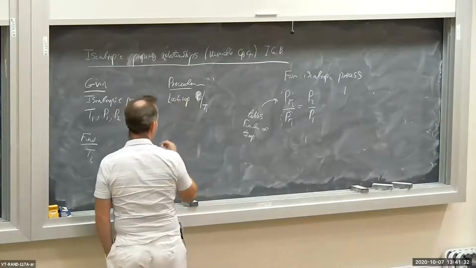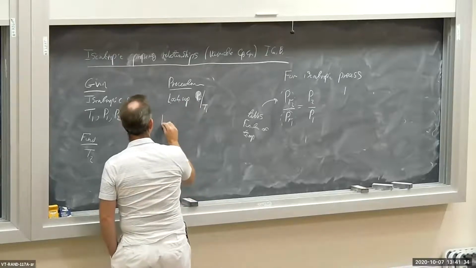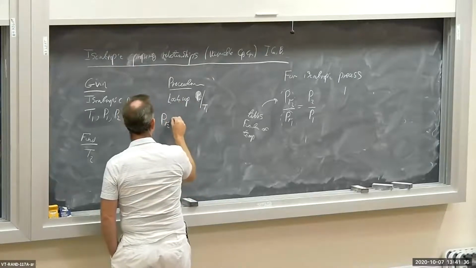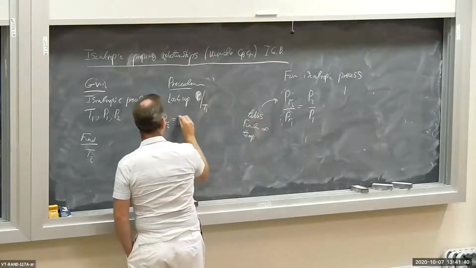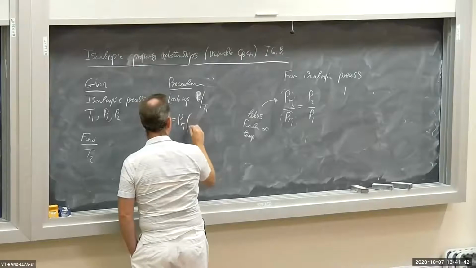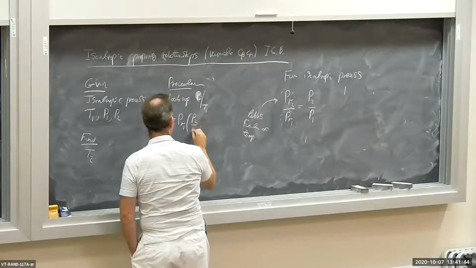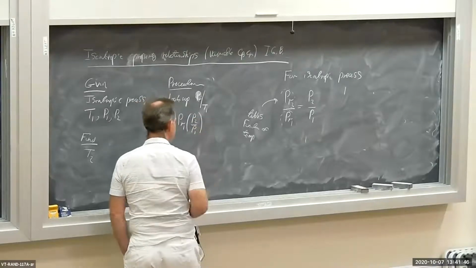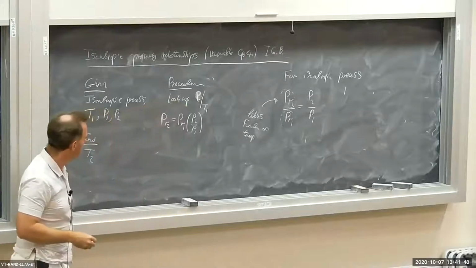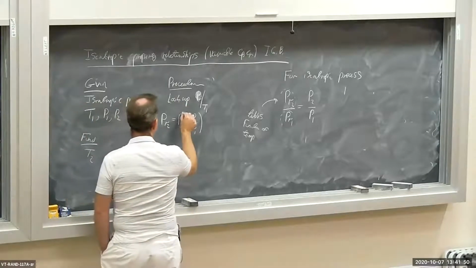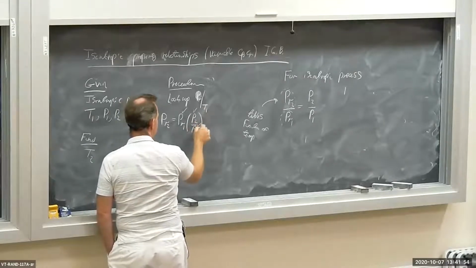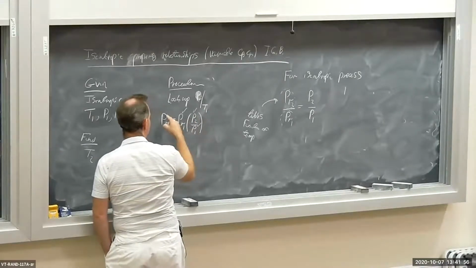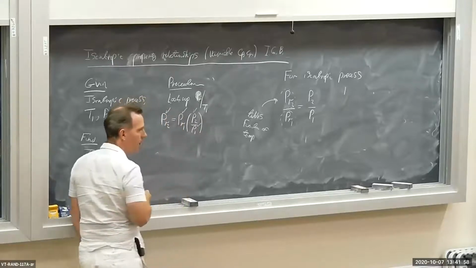Then you would calculate PR2 is equal to, I would use this equation, PR1 times the pressure ratio, P2 over P1. I've got the reduced pressure at temperature T1. I have the pressures to get the pressure ratio. Therefore, I have PR2.